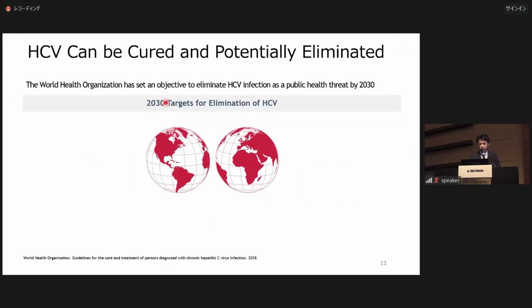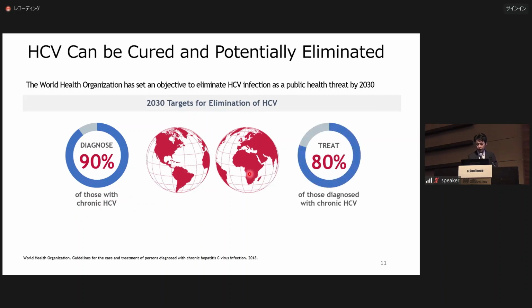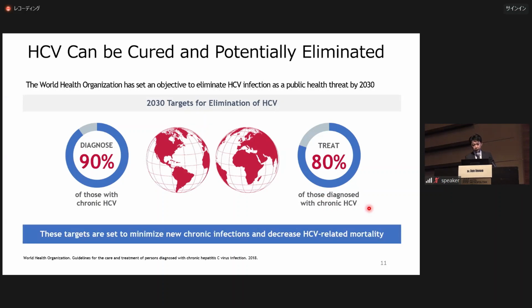WHO has set an objective to eliminate HCV infection by 2030. So diagnose 90% of patients with chronic HCV and treat 80% of patients diagnosed with HCV. These targets are set to minimize new chronic infections and decrease HCV-related mortality.